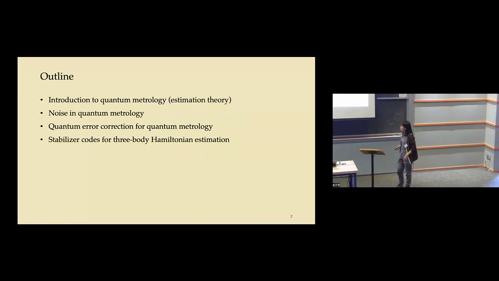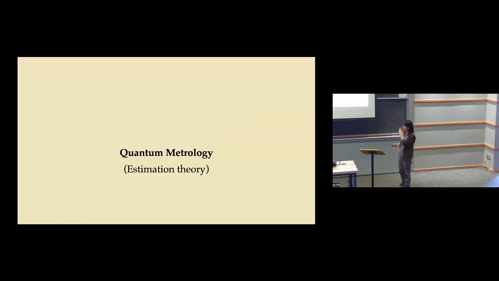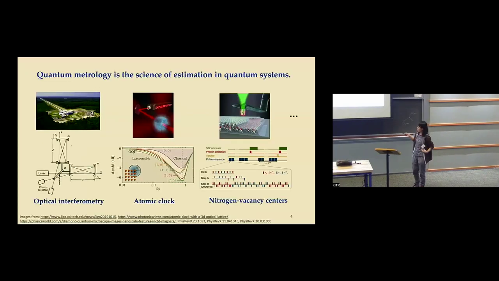Okay, so first, let me motivate why we want to study quantum metrology and what it is. Quantum metrology is basically the science of estimation in quantum systems. Here are three basic examples. The first one is gravitational wave detection. You use optical interferometry to try to detect the difference between two optical paths, and that is the unknown parameter in the quantum system you try to estimate.